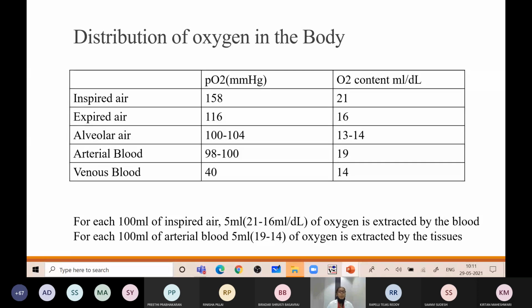Okay, so with this, we can come to know that for each 100 ml of inspired air, 5 ml, that is 21 minus 16 ml of oxygen, is extracted by the blood, isn't it?